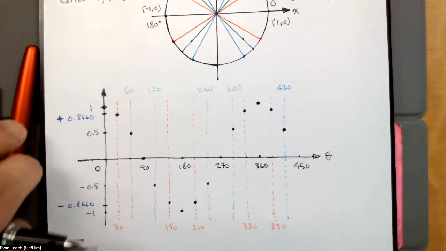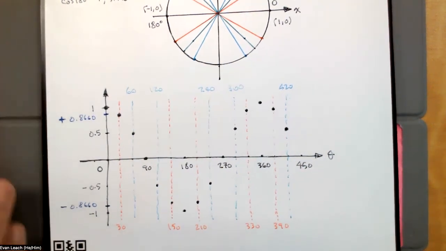Then we just try to connect the dots with a smooth line.